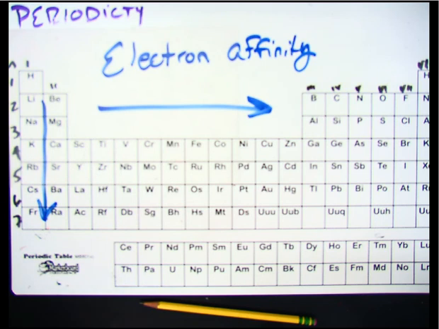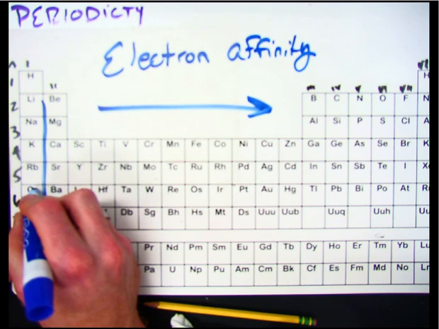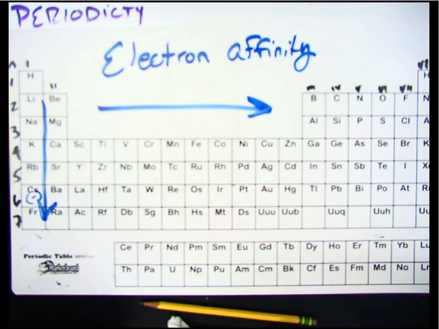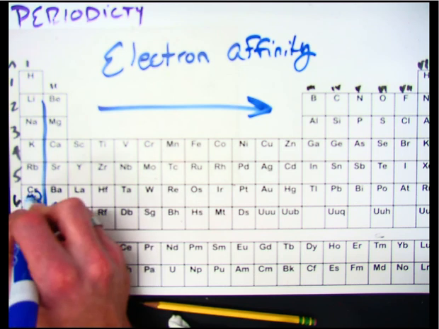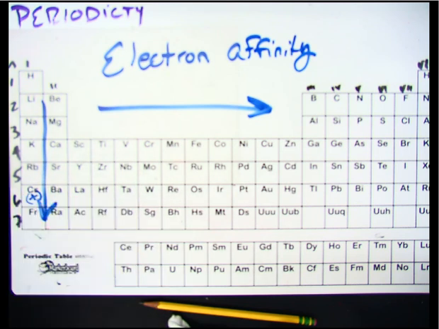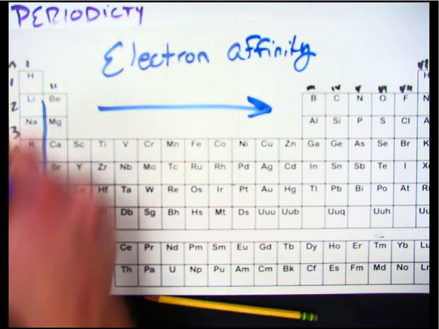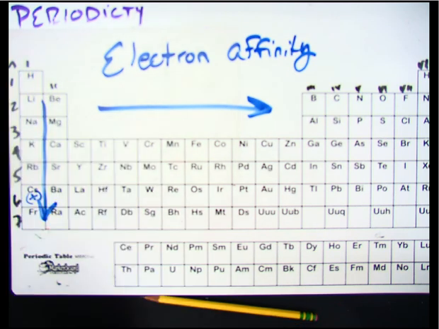As you move down a family, it becomes more and more positive because it gives off less energy, because of an increased distance from the nucleus with each increased principal energy level.